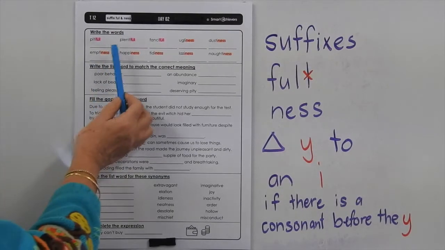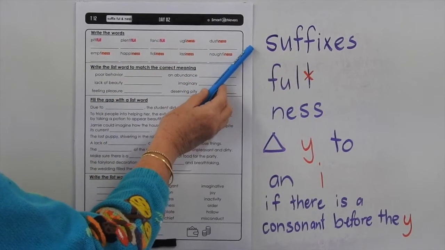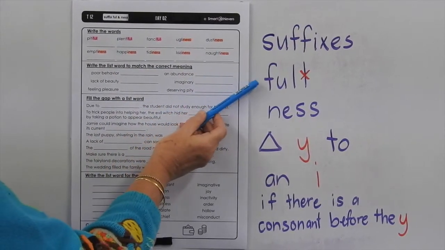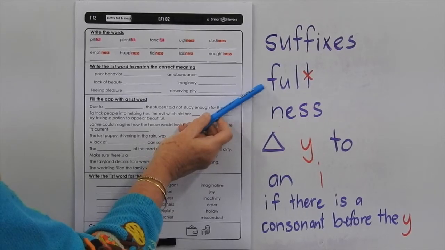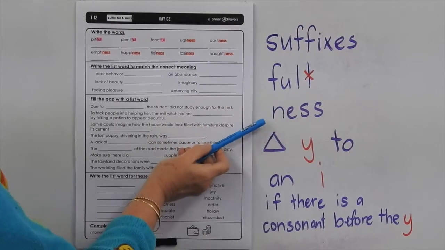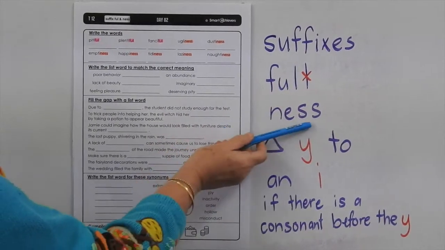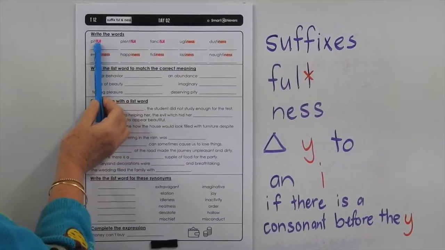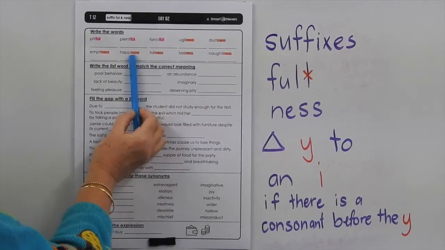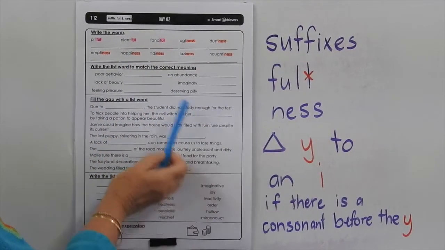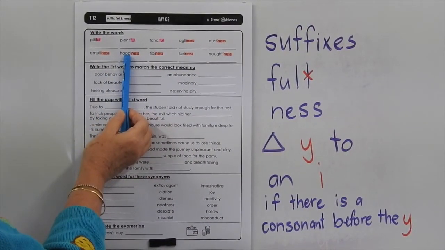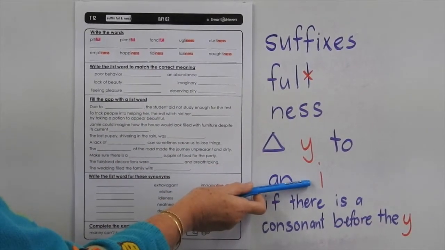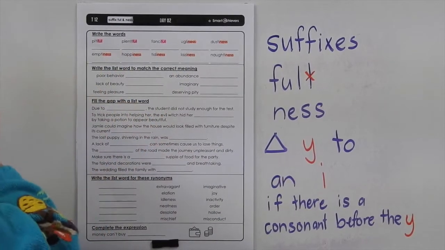The important part about this list is adding suffixes to a base word or root. So if you're adding the suffix full, you drop one L. But if you're adding the suffix ness, you keep the double S on it. So do remember that. Now the other thing that you've got to remember in this list, which is very important, is that if there is a consonant before the Y, you have to change the Y to an I, only if there is a consonant before it.